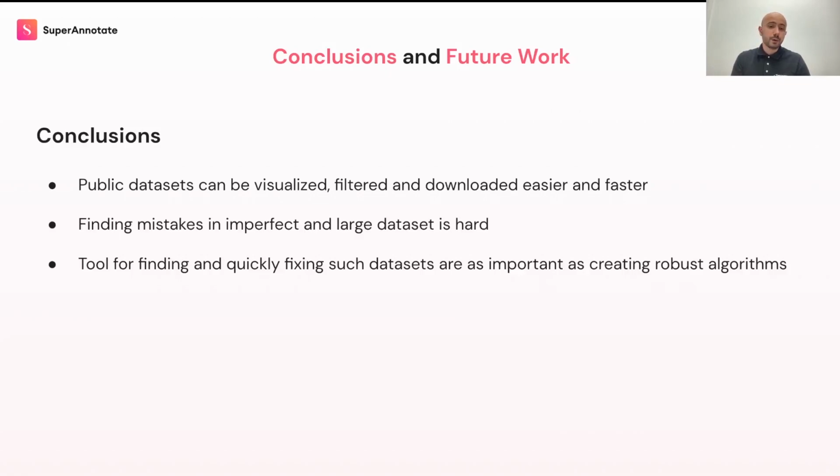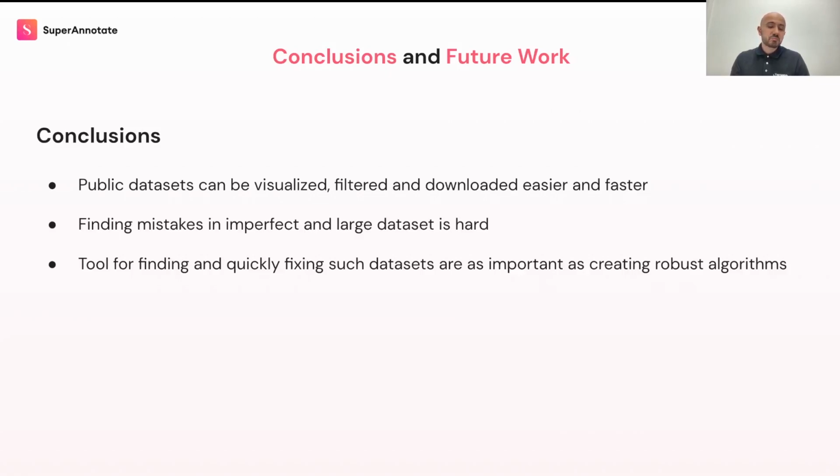We also know that finding mistakes in datasets, and in imperfect datasets, is very hard. So we created this query system where you can easily find those mistakes, and also download and correct them.